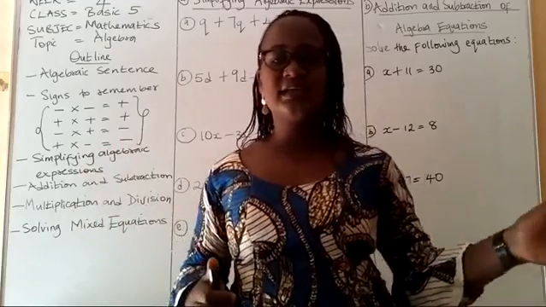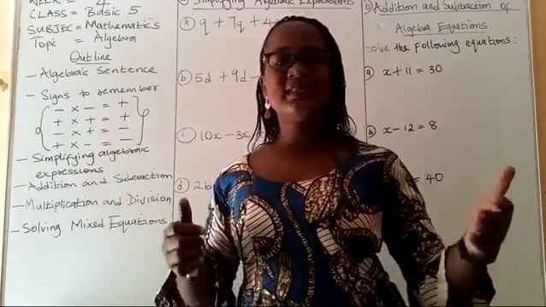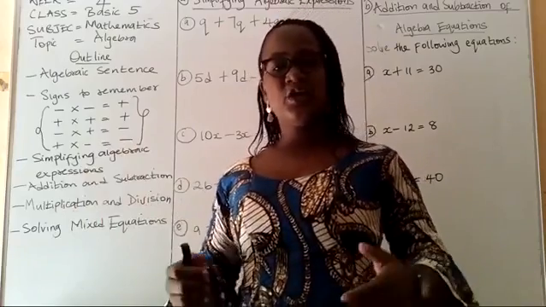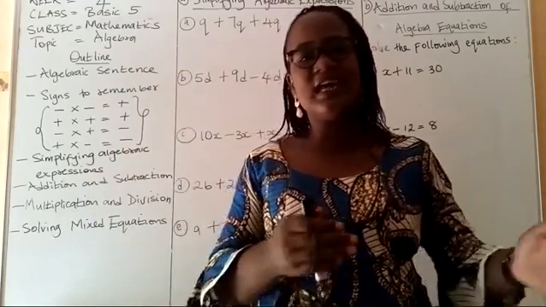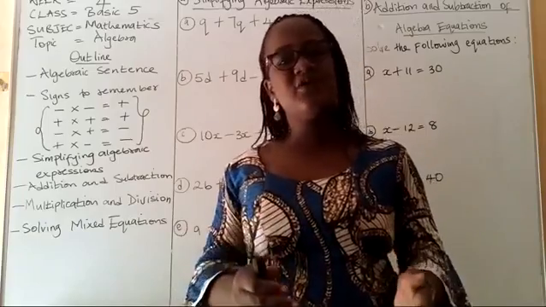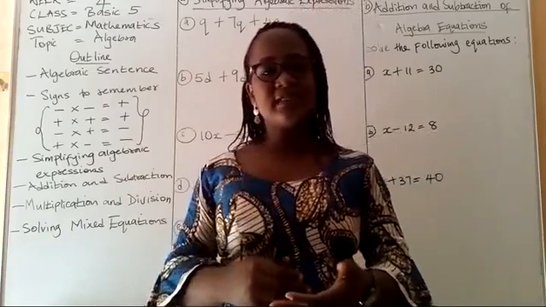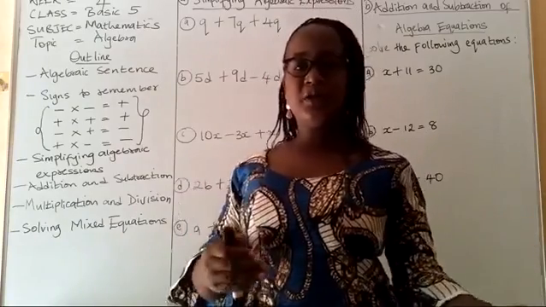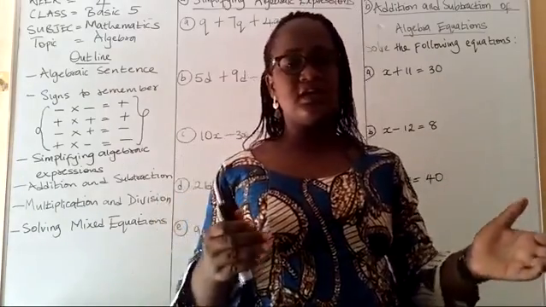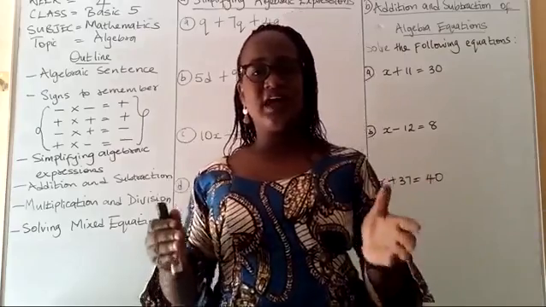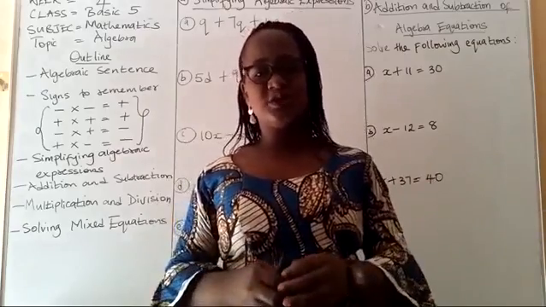Whereas in algebraic sentences, letters are involved. We have a combination of letters and numbers. So whenever you read a question in mathematics where letters and, of course, numbers are involved, you quickly know that you're solving an algebraic word expression.